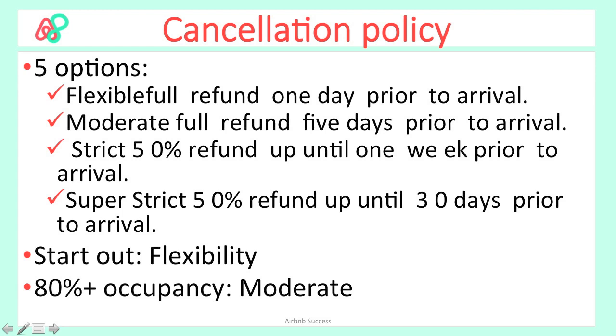And plus, at this level of occupancy, a cancellation will significantly impact your earning power. So if you're unsure of whether or not to switch to moderate, take a look at your cancellations over the last 3 months. If you're getting a high percentage of cancellations, somewhere in the neighborhood of 20%, I would recommend switching to moderate.